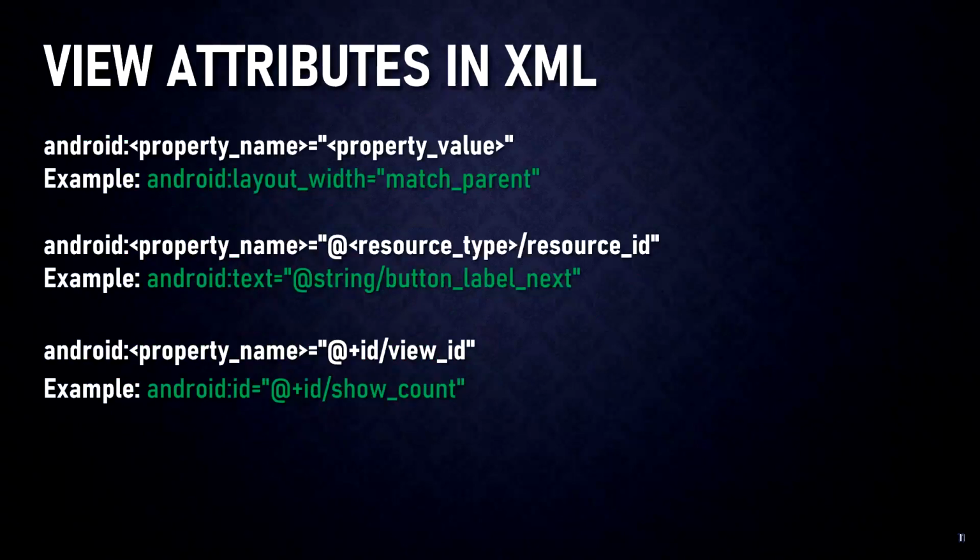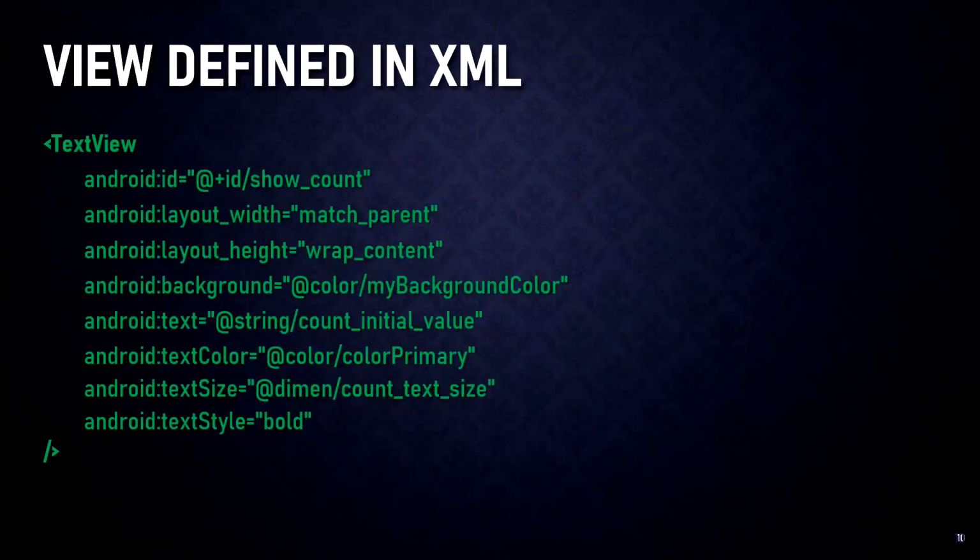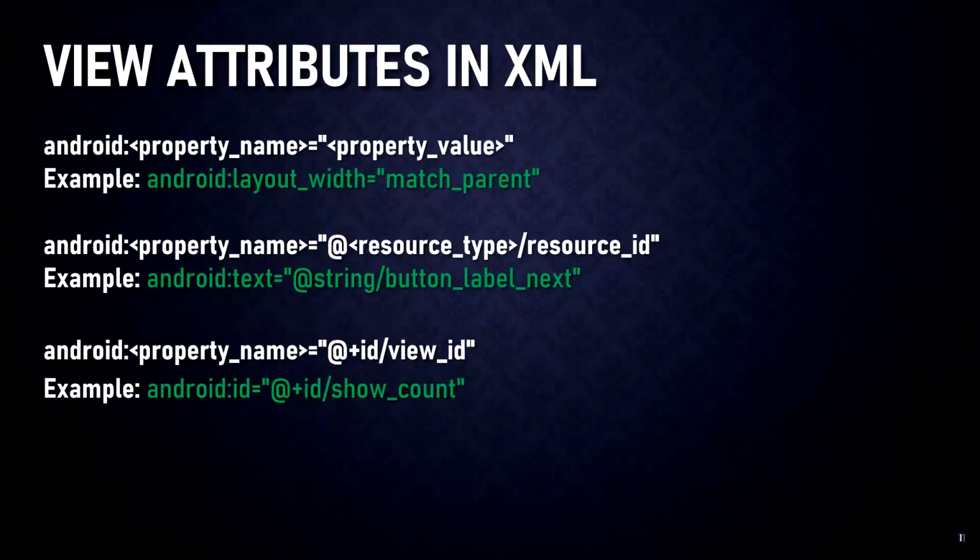Okay, so in the previous slide, you have seen there are three ways to give an attribute for the view in XML. At the very first, every attribute starts with the keyword Android. So Android followed by, for example, layout_width: we specify the property name at the left part, and you give the property value on the right part.